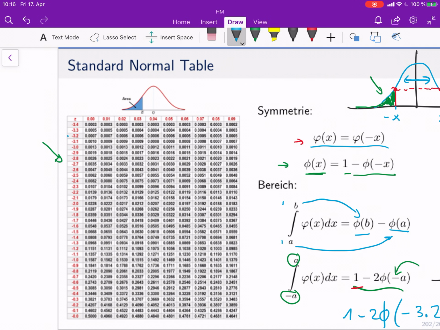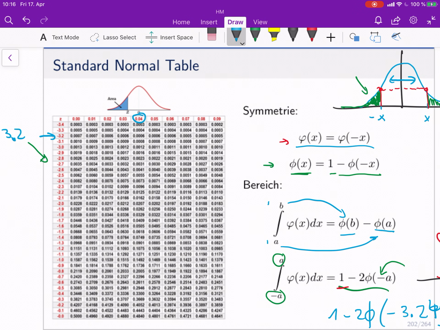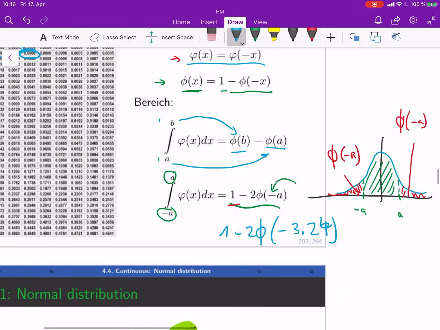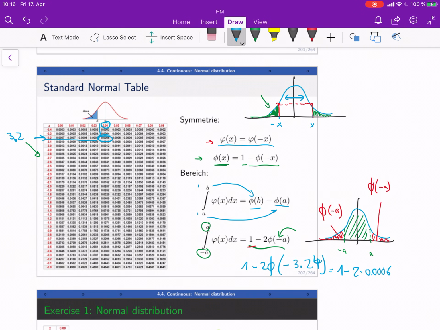There's minus 3.2, and then the last digit, the 4, is here. So I go down this column and I arrive at this value, 0.0006. So 1 minus 2 times 0.0006, and I can calculate the result with it. So fairly straightforward with the table. It doesn't even take that long, and the precision is exactly what we need. We don't need any more for our purposes.